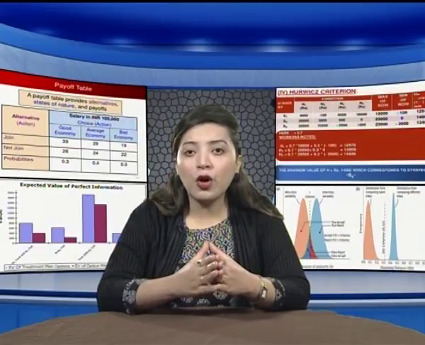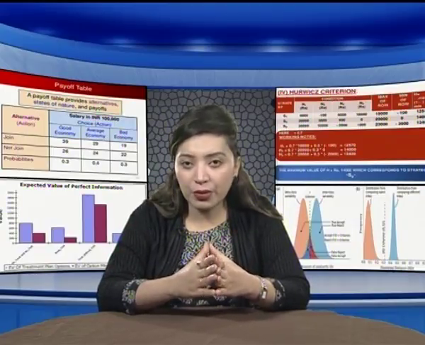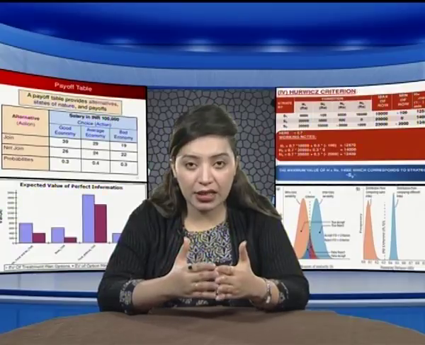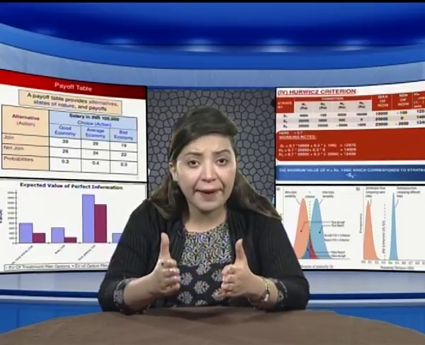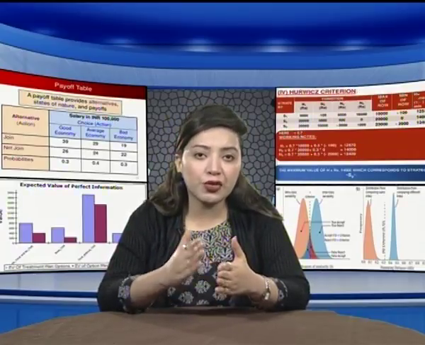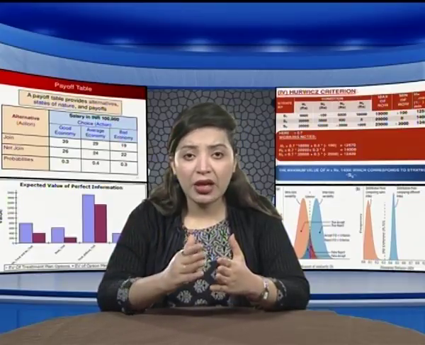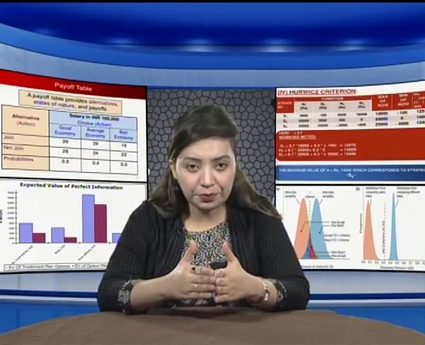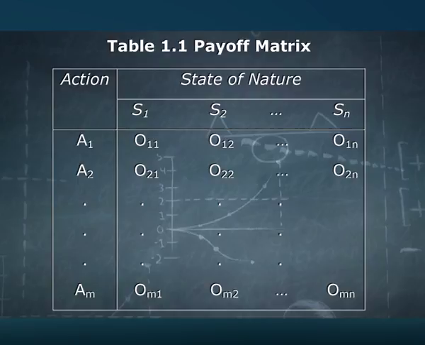The general form of a payoff table for a decision problem involving m possible acts A1, A2, and so on, Am, and n states of nature S1, S2, and so on, Sn is shown in table 1.1. Each of the set of possible actions the decision maker has is associated with a row of the payoff matrix.